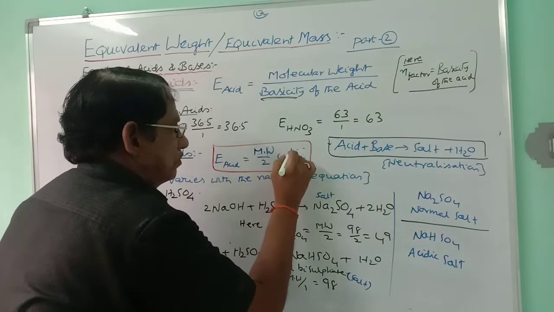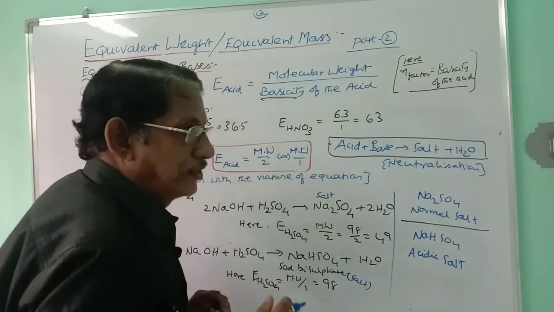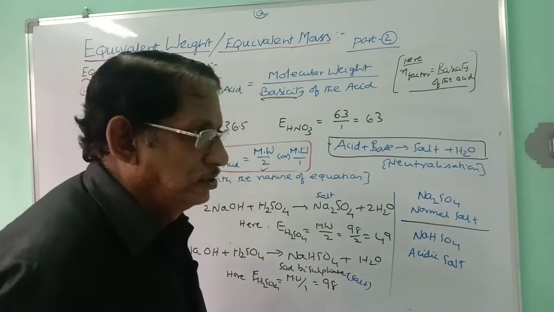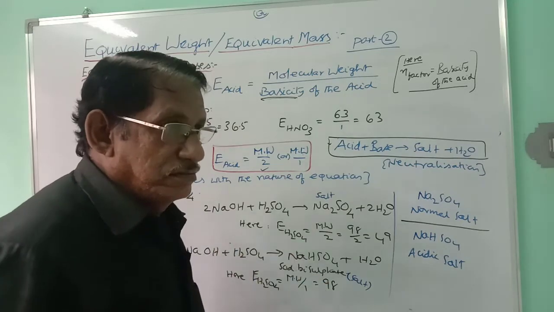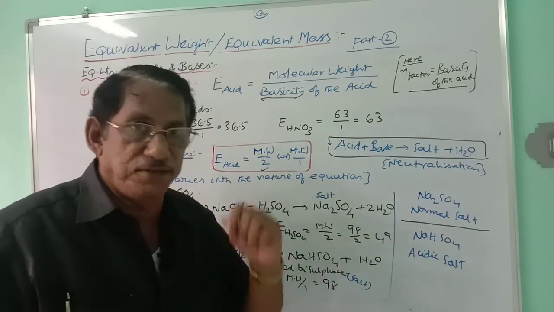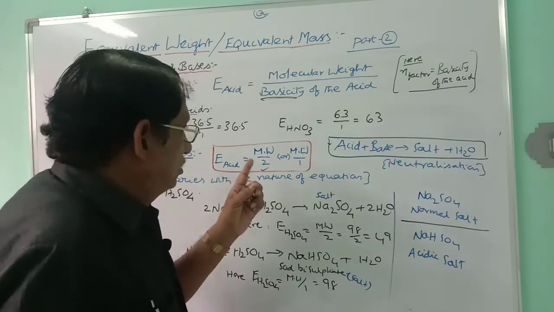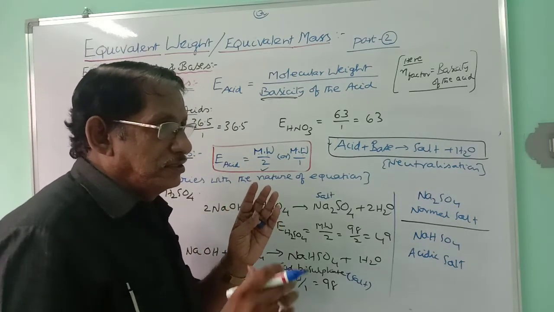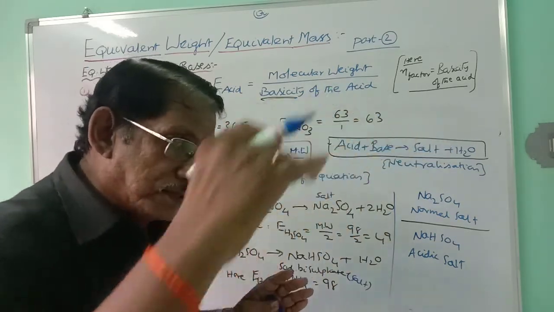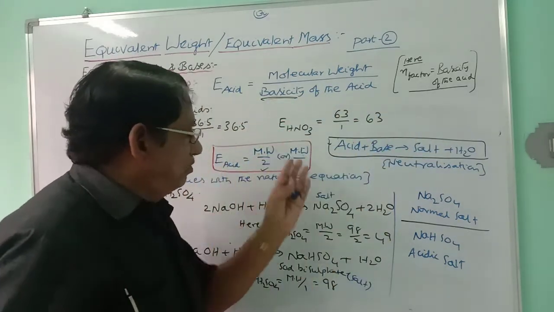Here also, molecular weight by 1 is possible. Generally M by 2 is accepted because the basicity is 2, but in the examination you have to write the equivalent weight based on the nature of the equation mentioned there. So whenever molecular weight by 2 is the answer, it may also be molecular weight by 1.